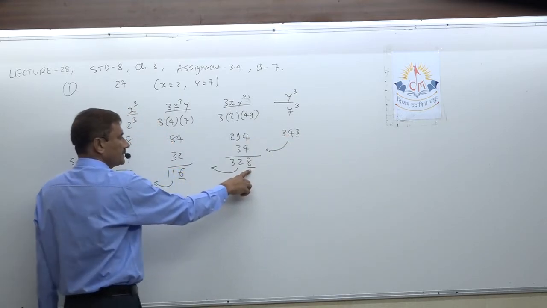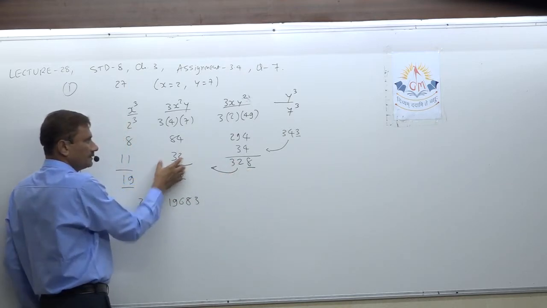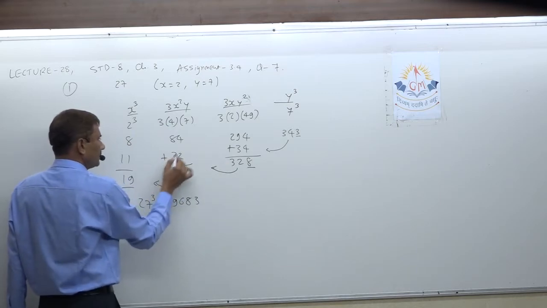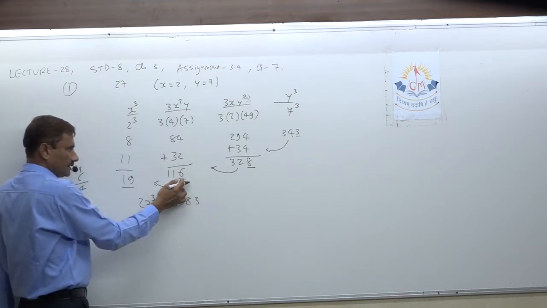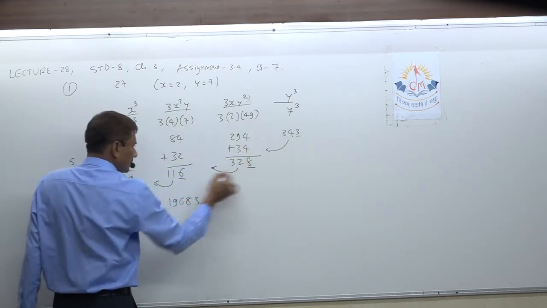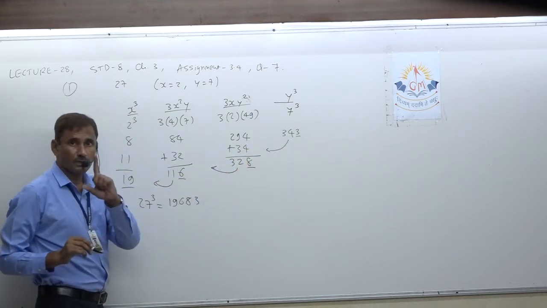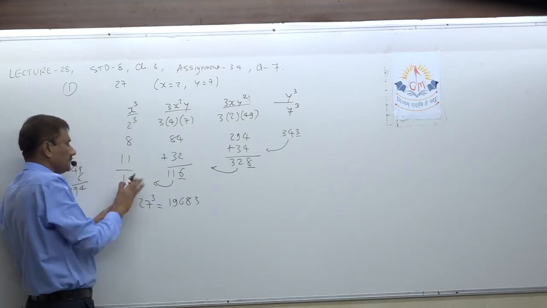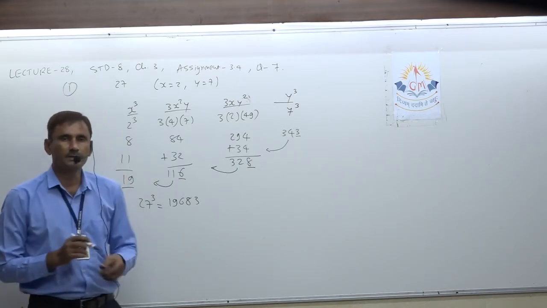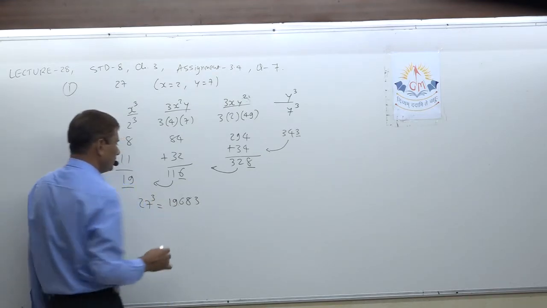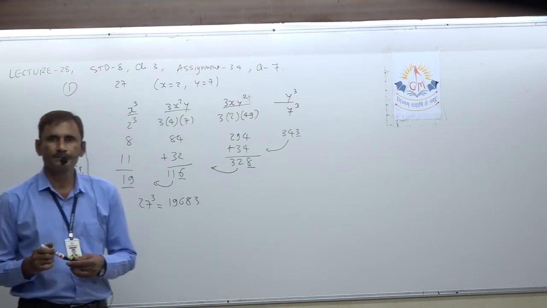Again, the unit digit is underlined, remaining digits added here. 32 is added here. Again, the unit digit is underlined, 11 added here. So in all 3 columns only the unit digit is underlined. At last, all digits of the final column should be underlined. So you got 19683.